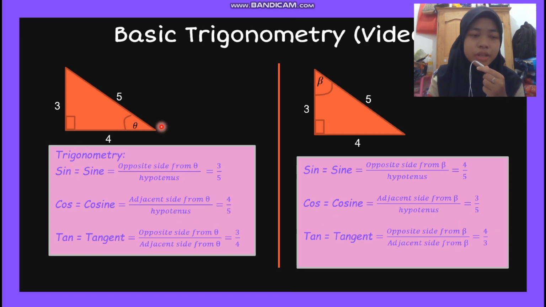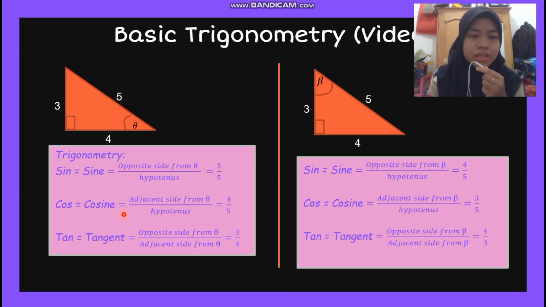Trigonometry example: sine is opposite side from theta divided by hypotenuse. Because theta is this, the opposite side from theta is 3 and hypotenuse is 5, equals 3 divided by 5.